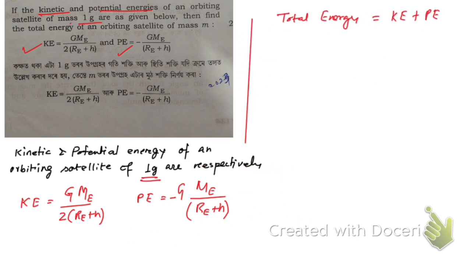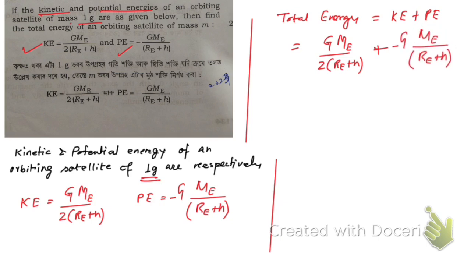So what will be the total energy for the 1 gram satellite? First let me put the value of kinetic energy, that is this, and then plus the potential energy, which is negative of this, so plus minus becomes minus, right? Hope you have understood this.